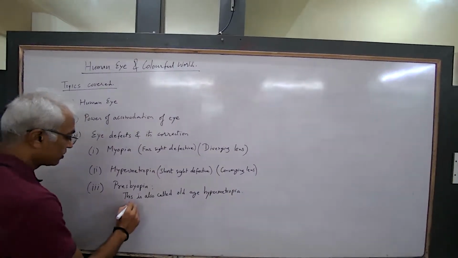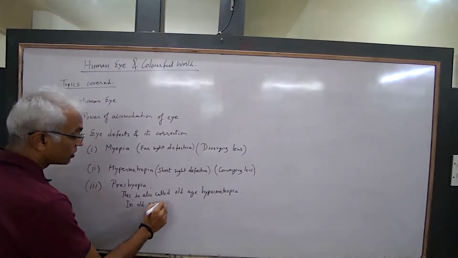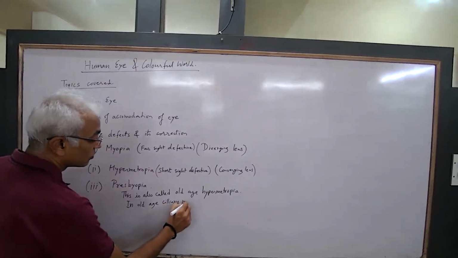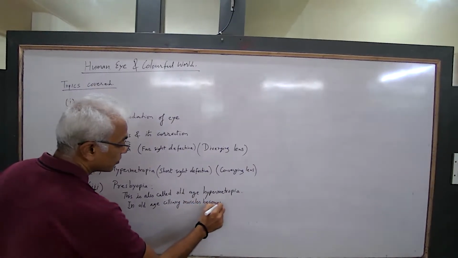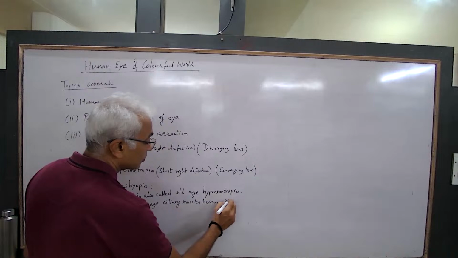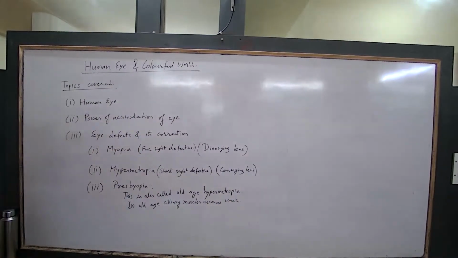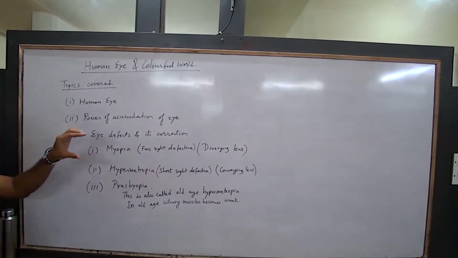In old age, the ciliary muscles become weak. Therefore, while seeing a near object, the lens is pressed and made thick to increase its power.